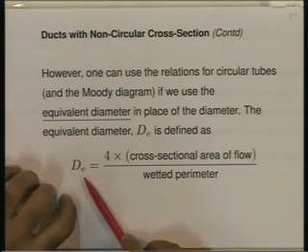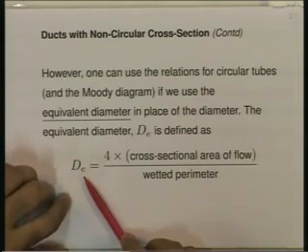Once you determine the equivalent diameter or the hydraulic diameter dE, calculate the Reynolds number, determine whether the flow is laminar or turbulent, and use the Moody diagram for determination of the friction factor.